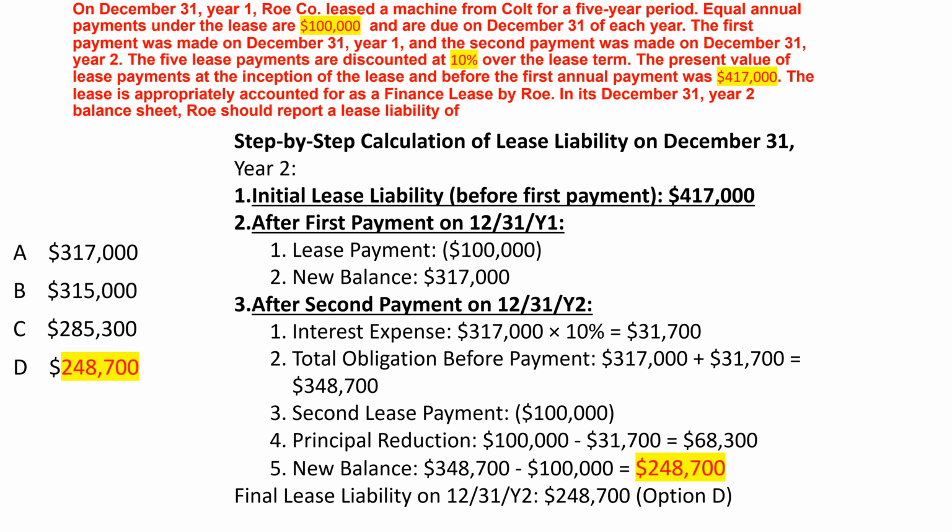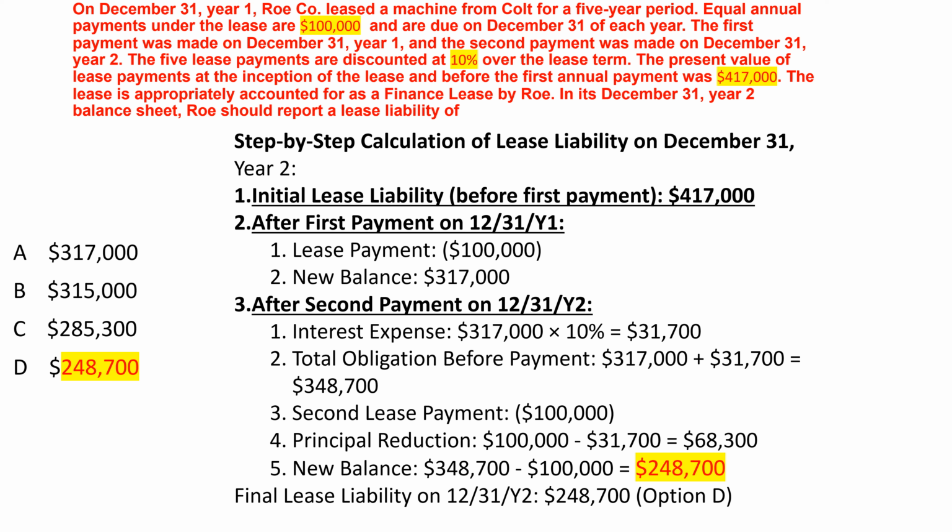To find the lease liability on December 31st, year 2, follow these 3 steps. 1. After the first payment, year 1, the balance reduces from $417,000 to $317,000. 2. Interest accrues, year 2, $31,700 is added to the $317,000, bringing the total to $348,700. 3.